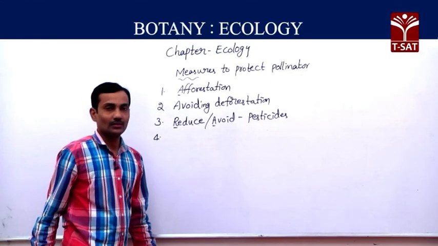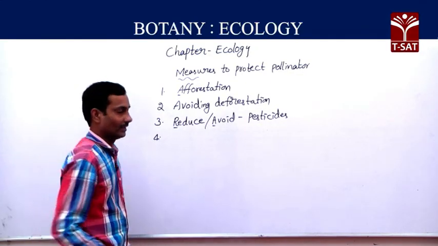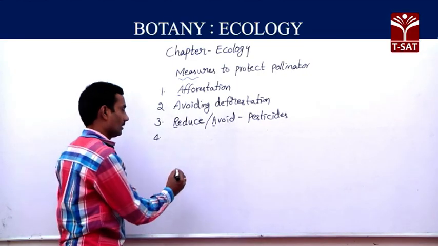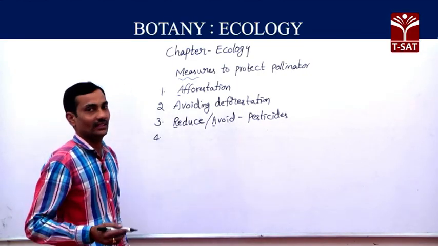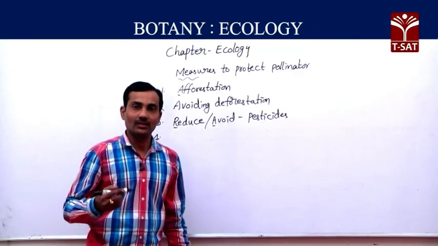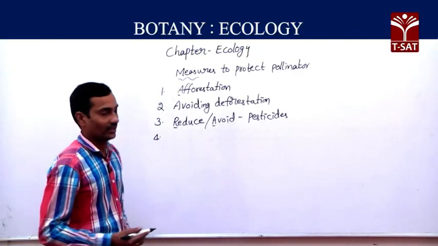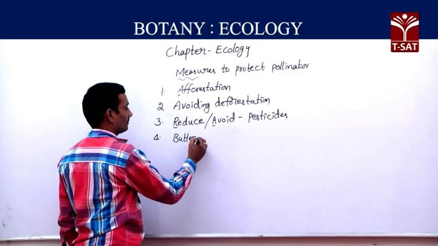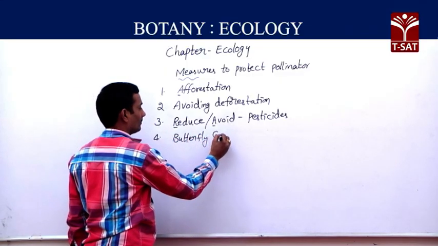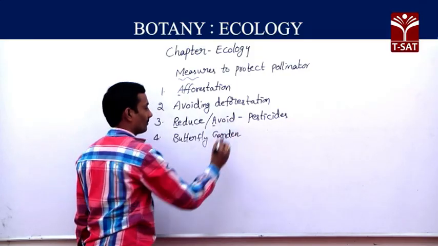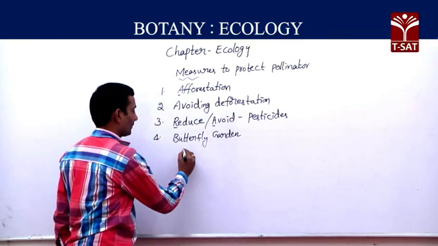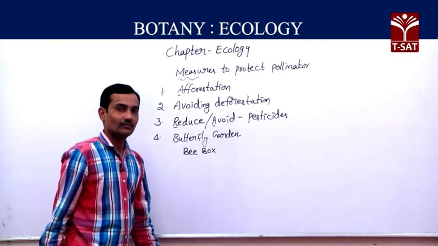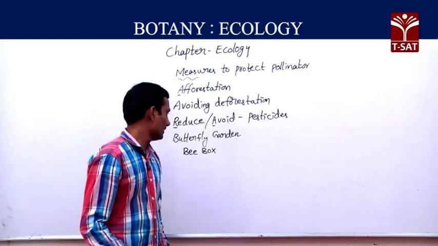Next, different programs we have to start in schools. We have to provide artificial conditions for the growth of different pollinators, like a butterfly garden and a bee box for the growth of bees.